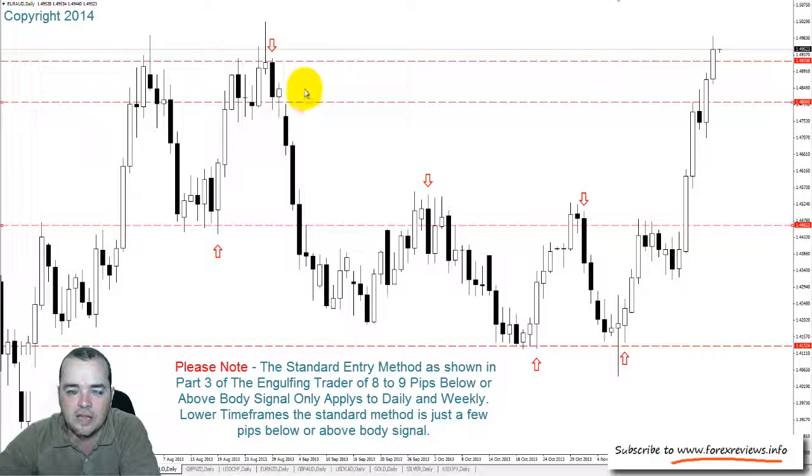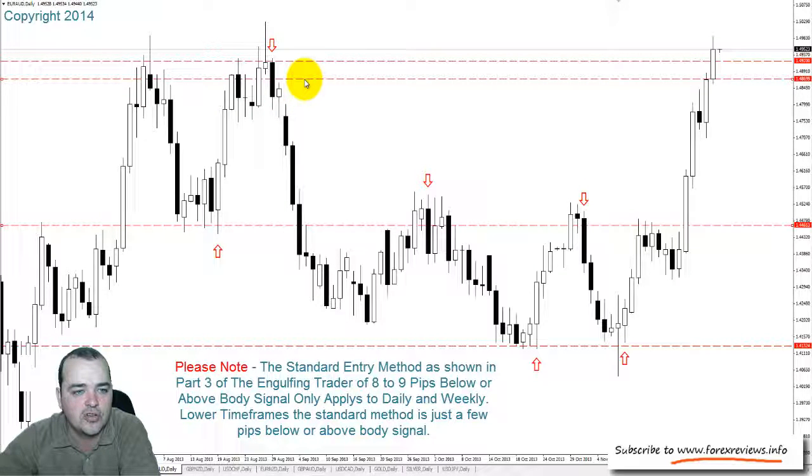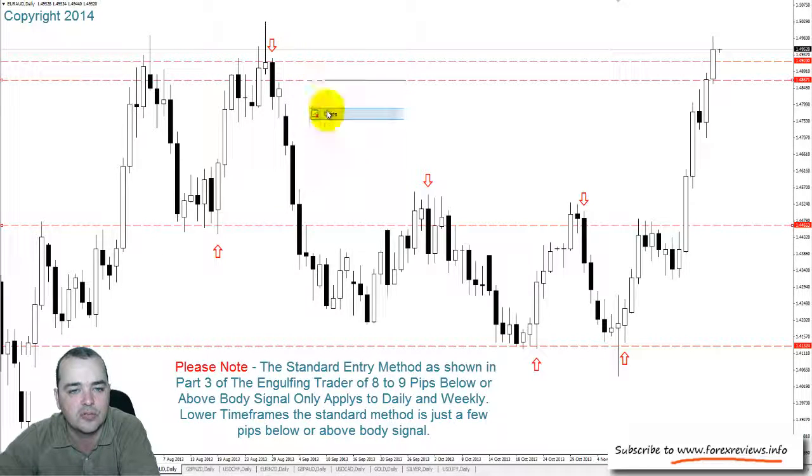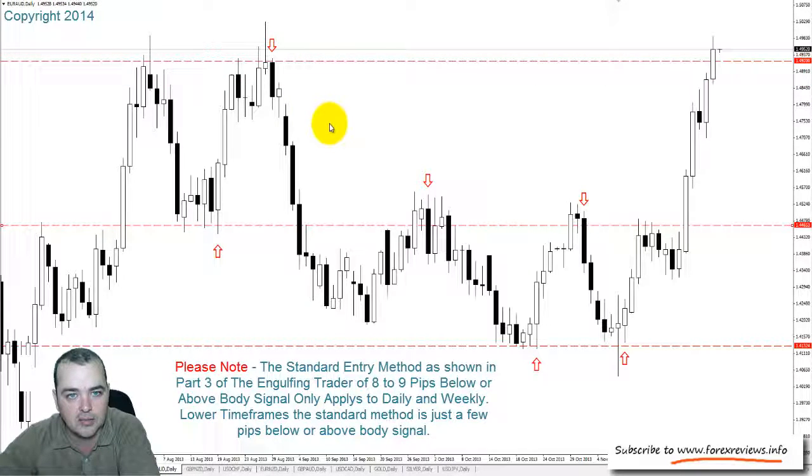In the advanced entering video, I show you how you can enter on a 50% retrace. Now that doesn't happen all the time, but when it does, it can offer a nicer risk to reward because you're risking less. It does also reduce the probability with the 50% retrace method.